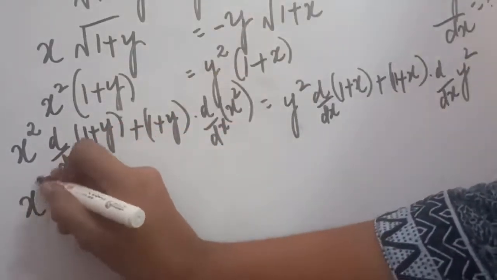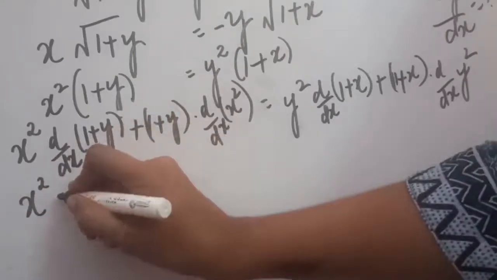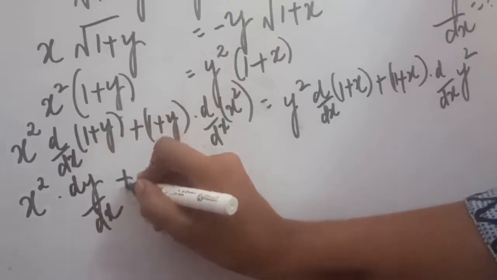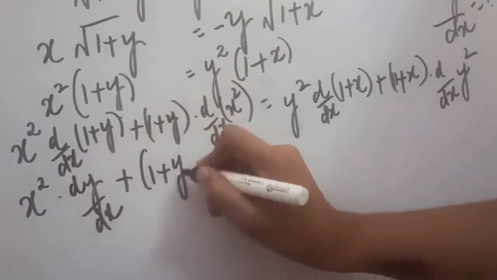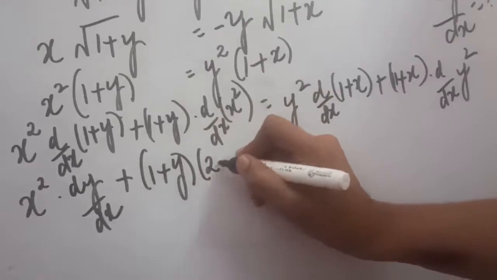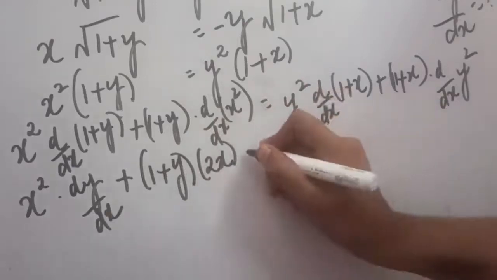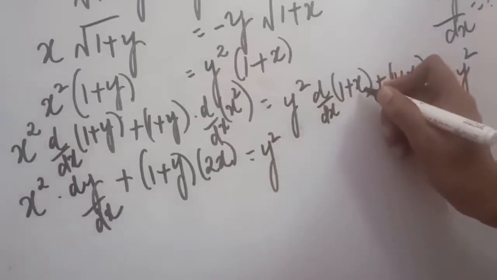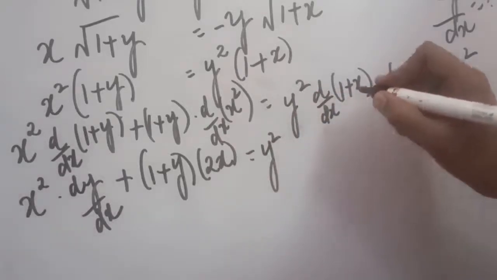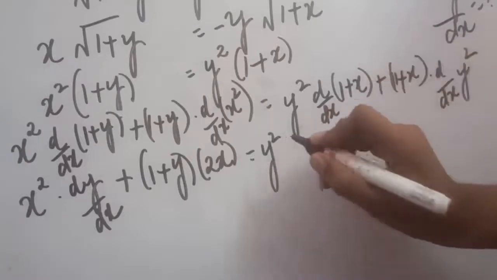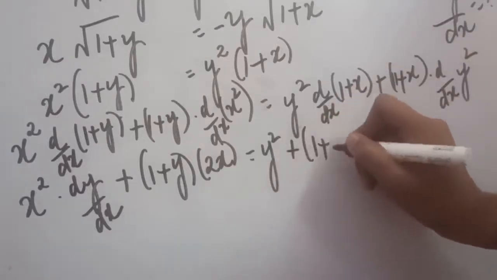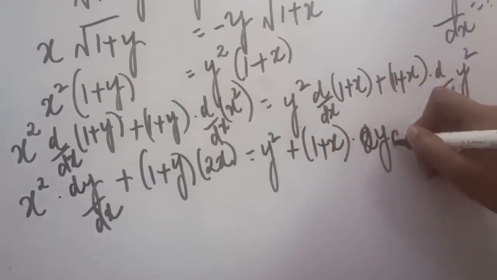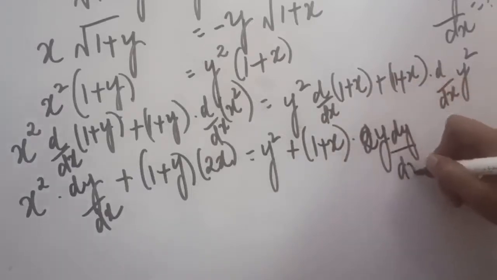Differentiation of 1 is 0 and differentiation of y is dy upon dx, plus 1 plus y will be at its place. Differentiation of x square is 2x, is equal to y square times the differentiation of 1 plus x, which is 0 plus 1, that is 1, we need not write. Plus 1 plus x, and the differentiation of y square will be 2y into dy upon dx.